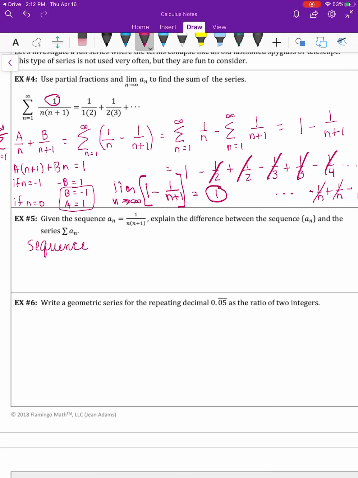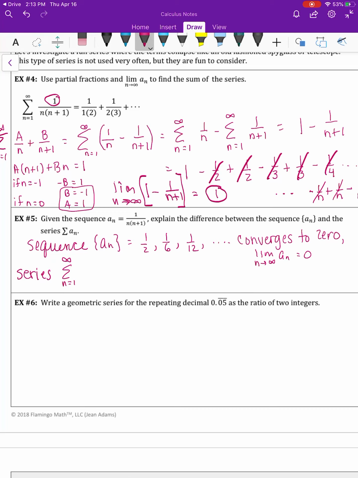So this one converges to 0. The limit as n goes to infinity of a sub n would be 0 here.